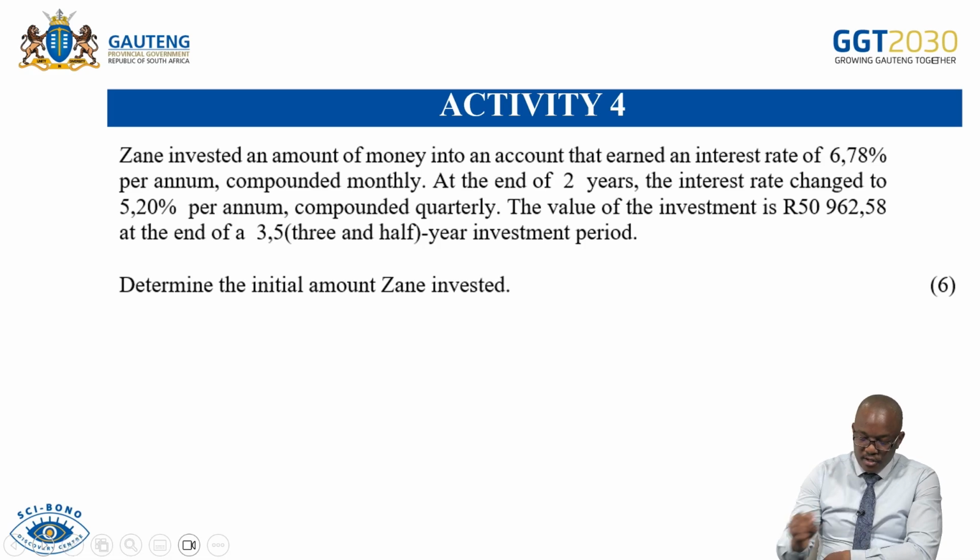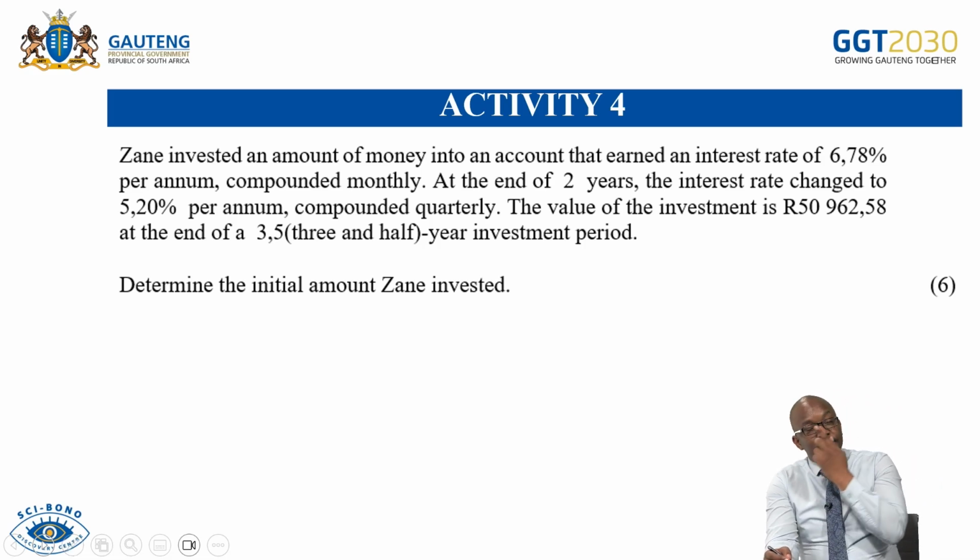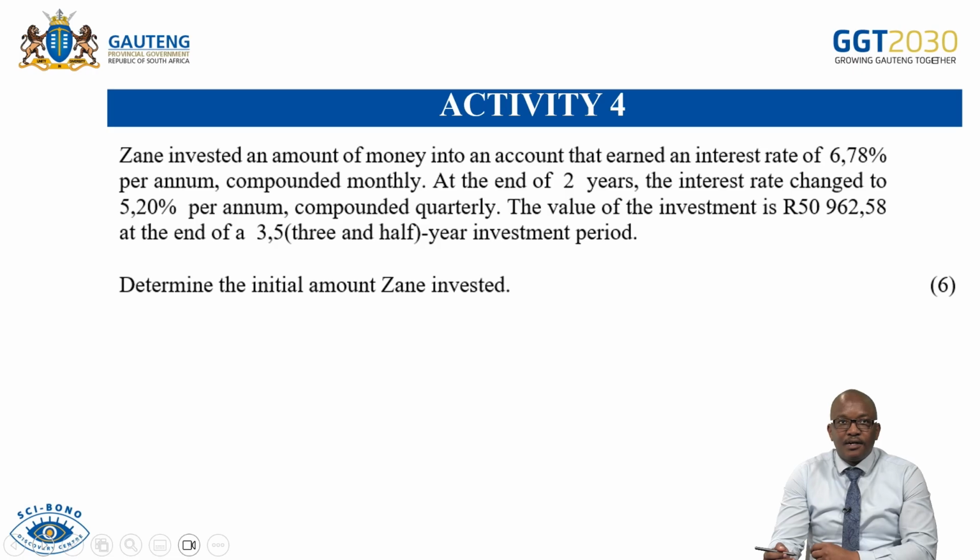Correct. So now, with this one, they are saying Zain invested an amount of money into an account that earned an interest rate of 6.78% per annum compounded monthly.